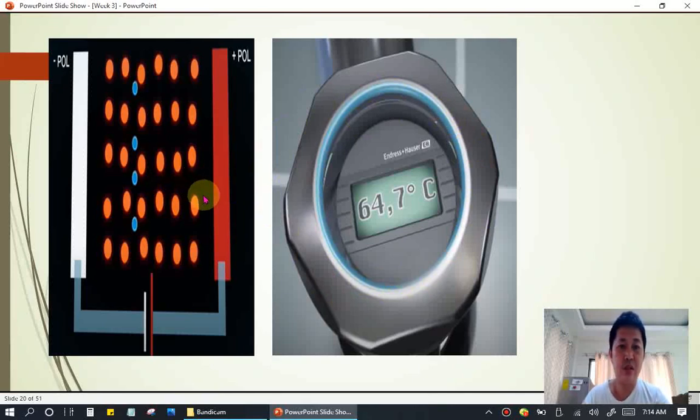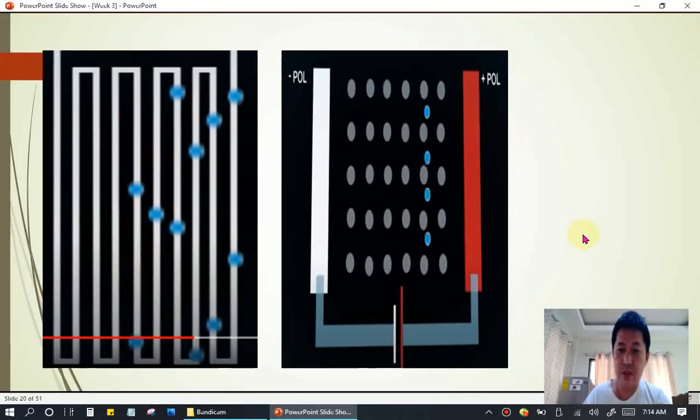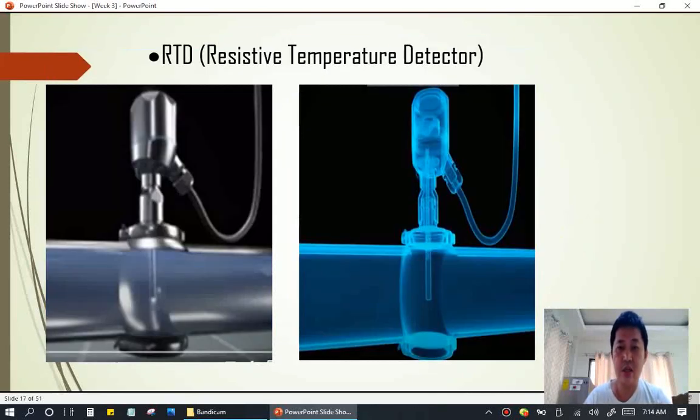Simply, this is the cooling water temperature because this is lower. So it detects the temperature of the cooling water inside of the pipe. This is the cooling water here, and this is now the reading. So that is the application of the RTD.